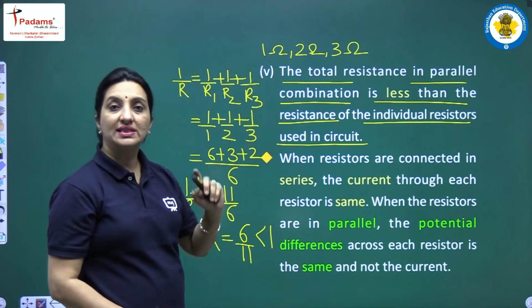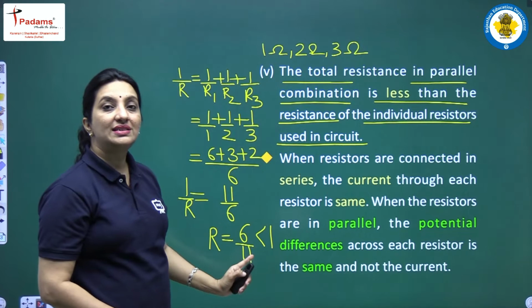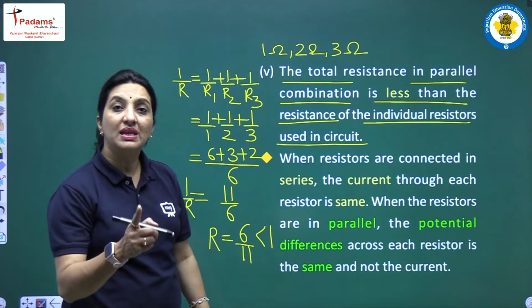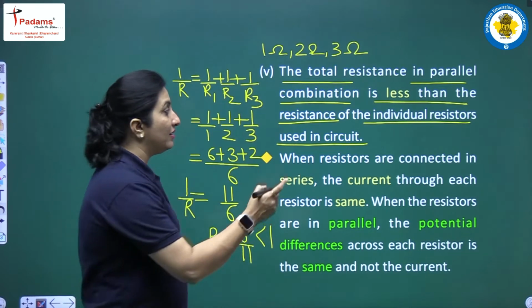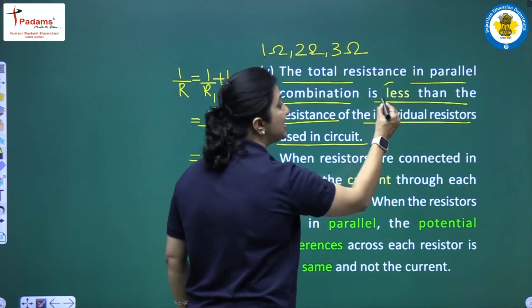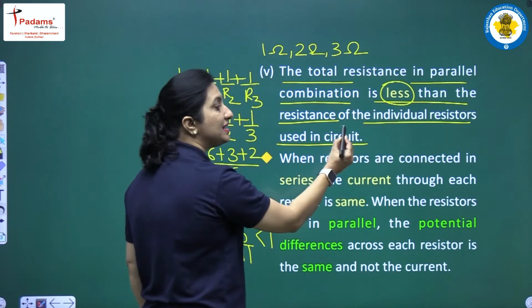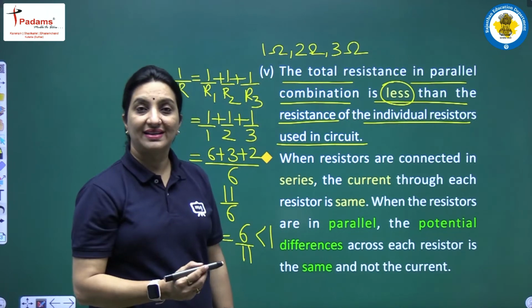The minimum resistance here is 1 ohm, and what we see is that the equivalent resistance is even less than the minimum resistance of the resistors connected in parallel. So the total resistance in parallel combination is less than the resistance of the individual resistors used in the circuit, right students?